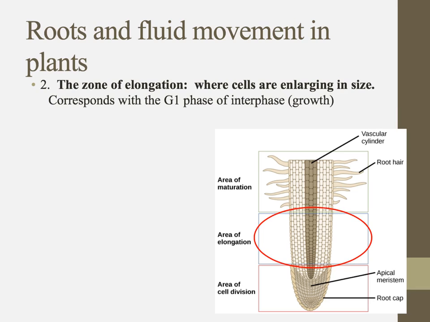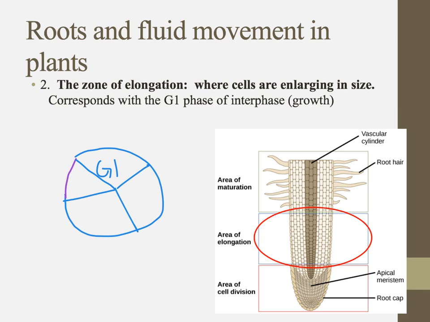Then we have the zone of elongation. This is where the cells are actually just growing in size. So when we talk about our cell cycle, we have interphase, and then we have mitosis. Within interphase, we have G1, and this is cell growth, so the zone of elongation.